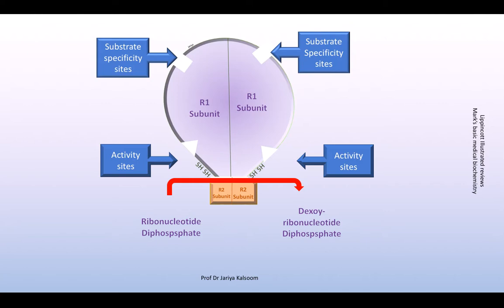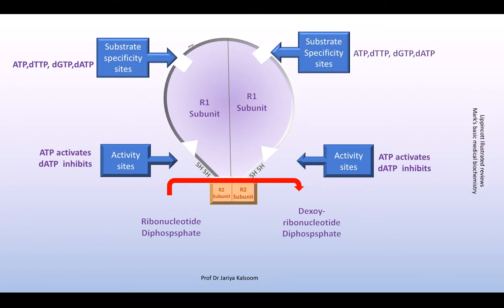The molecule present at the substrate specificity site is in the form of nucleoside triphosphates, whereas at the activity site, if ATP binds, this enzyme is going to be active, and if a deoxy form of ATP binds, it is going to be inhibited.